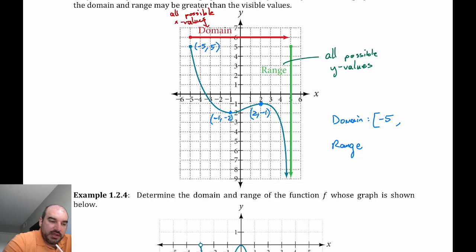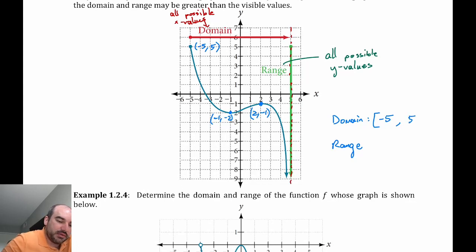What does it look like the biggest x value is going to be on this? 5. Does it look like it'll ever reach 5 though? Maybe. I don't think so. To better understand this, there would need to be a vertical asymptote signified here. It does look like it's getting vertical, so I'm going to assume there's a vertical asymptote there.